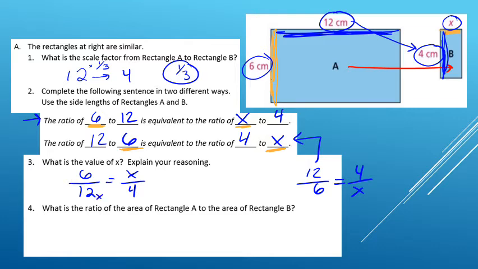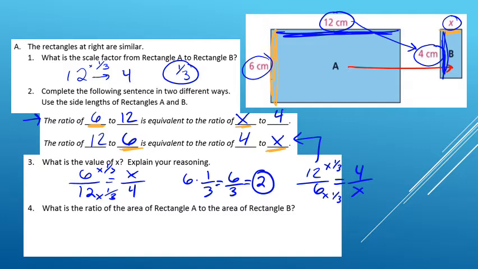So 12 times 1/3, right, that was my scale factor from above, makes 4. So 6 times 1/3 equals x. And 6 times 1/3 is the same as 6 over 3, which is the same as 2. Again, I'm going to find the same thing over here. 12 times 1/3 makes 4. 6 times 1/3 makes 2. So I get the same answer either way.